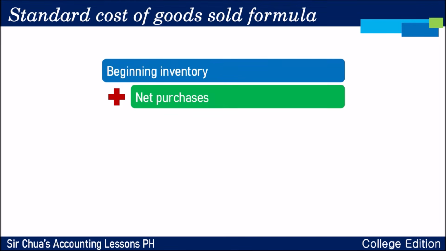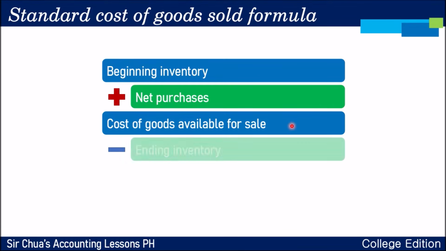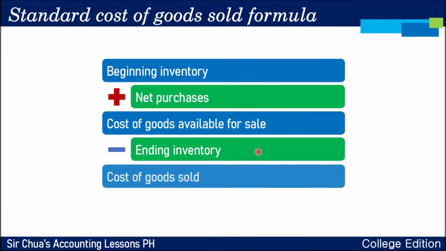If you have this inventory at the start of the period, tapos bumili ka pa, then that represents all of the goods that you can sell during that period. Okay? Then you deduct lahat po ng natira, which is your ending inventory. If this is the amount that you can sell to your customers, and then ito po ang natira, the difference between them is syempre yung nabenta mo, which is cost of goods sold. Alam nyo na yan. That's the standard cost of goods. That's the standard formula, okay, for cost of goods sold.